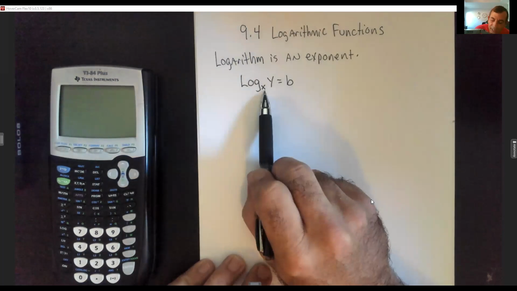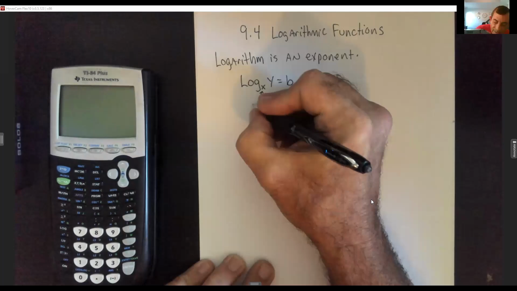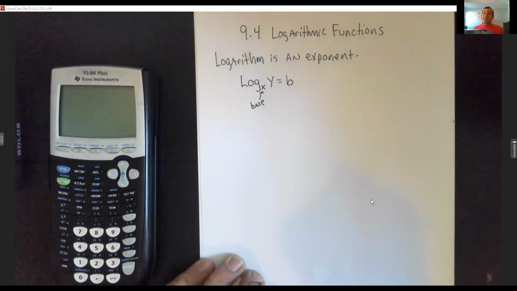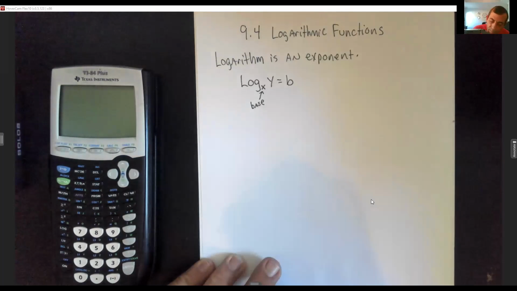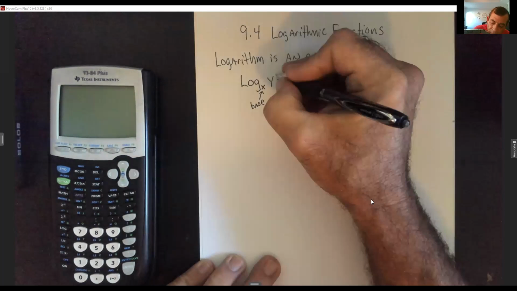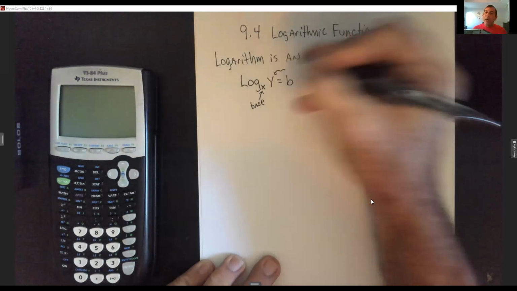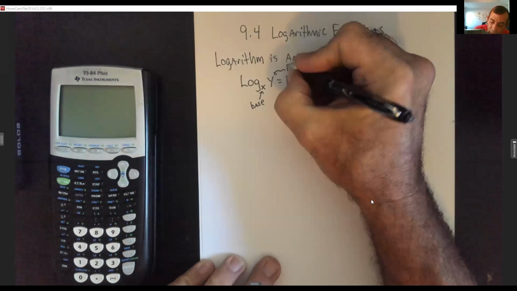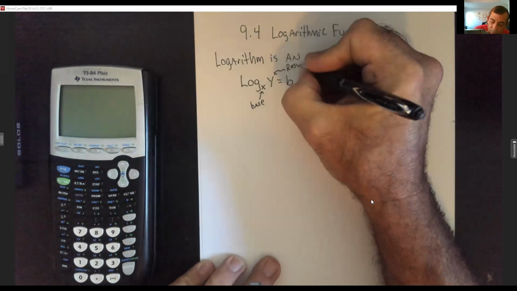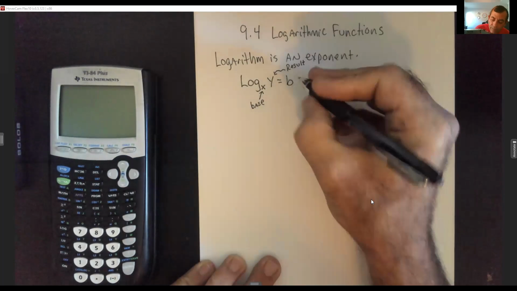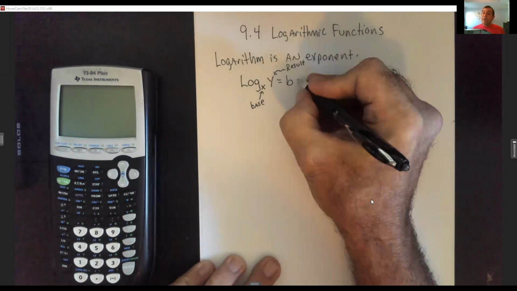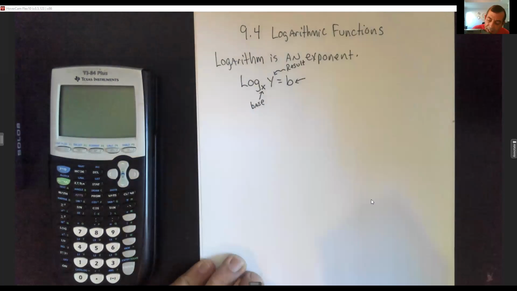And where I got the X is, that's what we consider the base. So that's the base of the logarithm. The Y right here is considered the result. And B is the exponent.